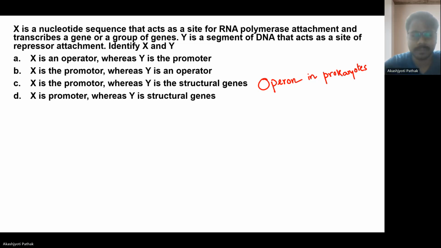So one difference between the prokaryotes and eukaryotes is that the prokaryotic mRNA is polycistronic, while the eukaryotic mRNA is monocistronic. So what do you understand by the term polycistronic and monocistronic?